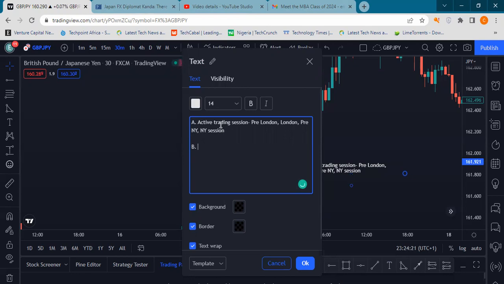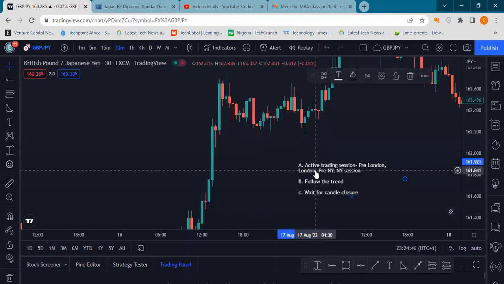B, follow the trend. This happens in line with the trend, right? C, wait for candle closure. Yeah, we can still add this third one though.